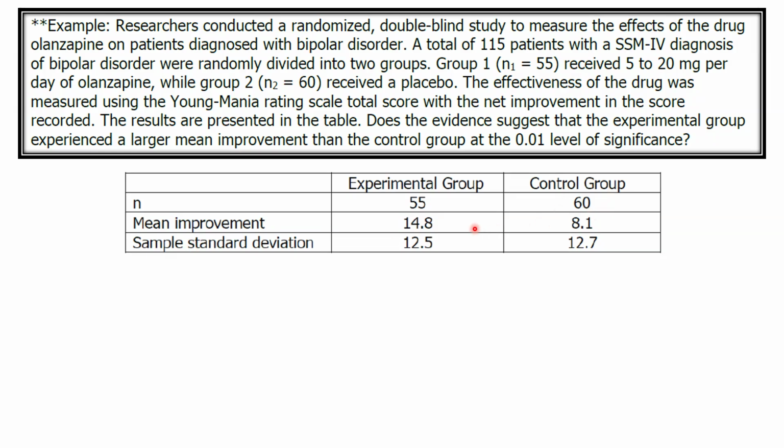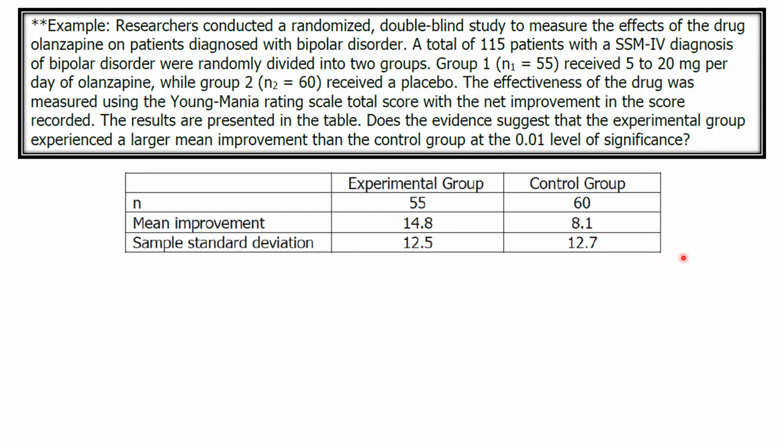Our mean improvement is going to be our x bar 1 for the mean, and this will be x bar 2. And then this is standard deviation, so s1, and then this would be s2. So this data here would be considered stats.